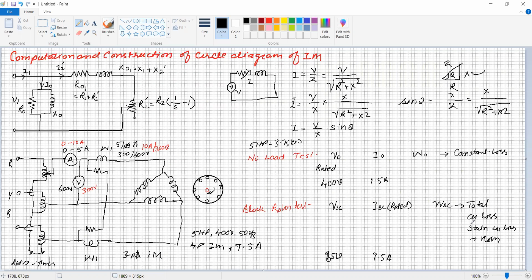These 6 readings are useful to determine the performance characteristics of the 3-phase induction motor as well as to develop the equivalent circuit of the 3-phase induction motor. Okay. Now we will start the calculation.